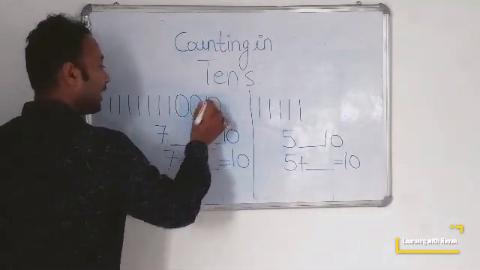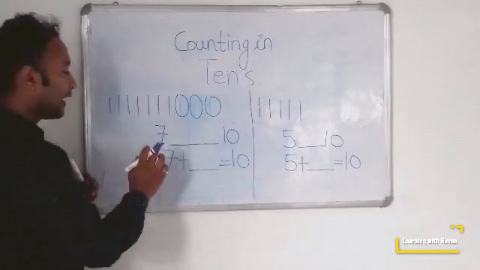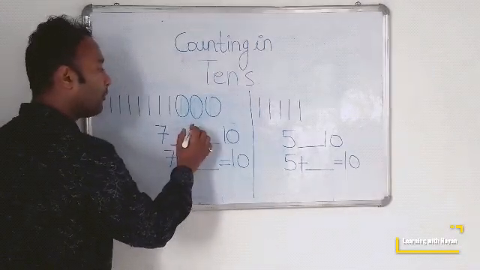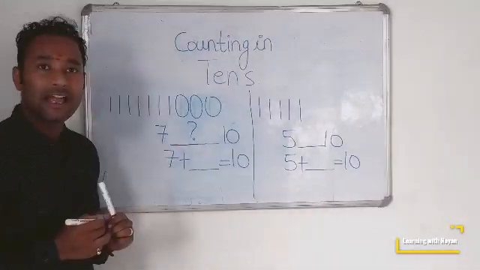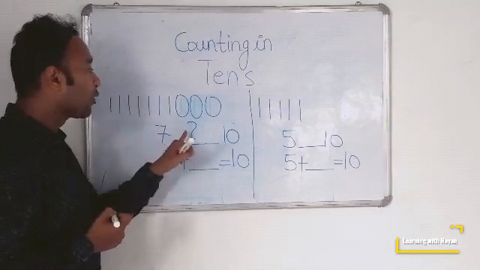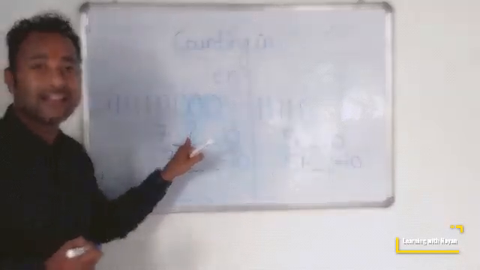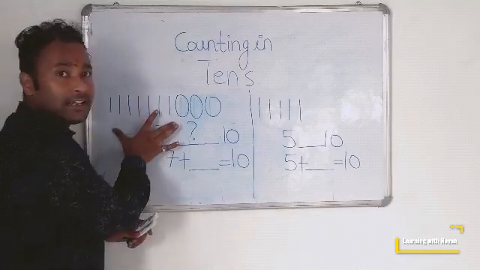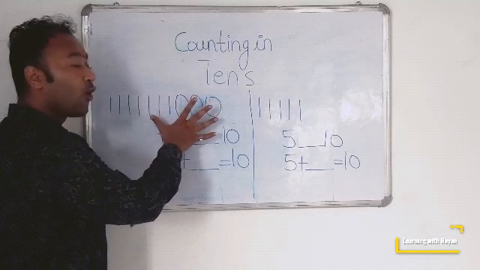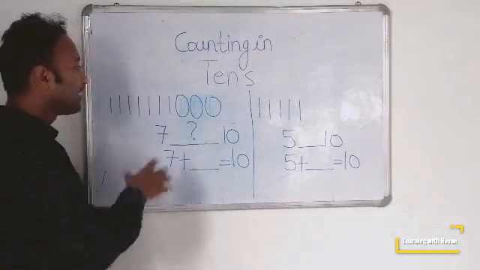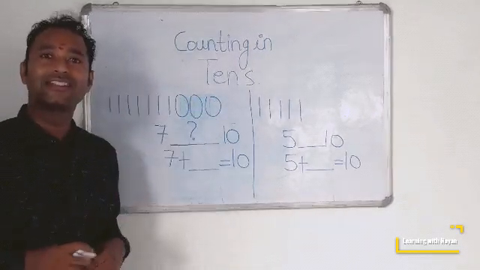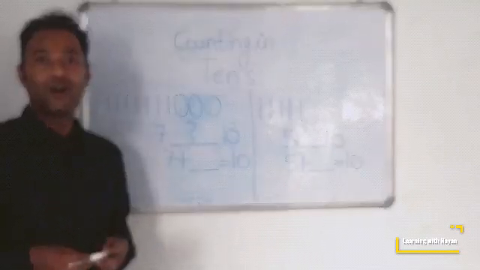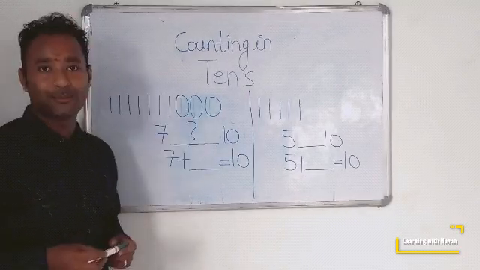So in this part, I have asked you that I already have how many sticks? 7 sticks. To form a bundle of 10, how much will I require? So this required part introduces the concept of addition. Here I already have 7 sticks. Now to form a bundle of 10, sir has added how much? 3 sticks. So it means that I have added, or I have joined something.